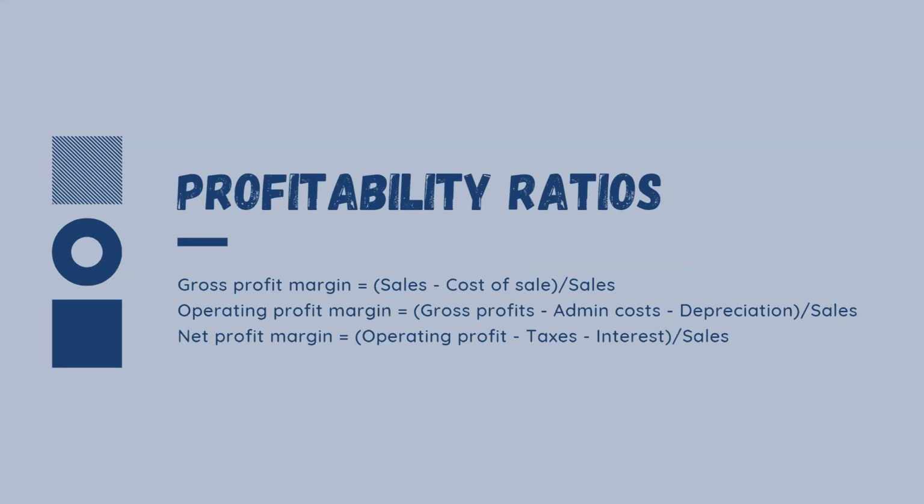With operating profit margin, we have the gross profit removing administrative costs and depreciation, amortization, and then divided by sales. Or net profit margin, equal to the operating profit removing taxes and interest divided by sales.